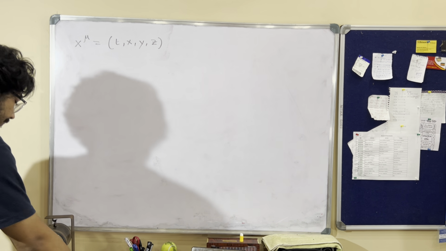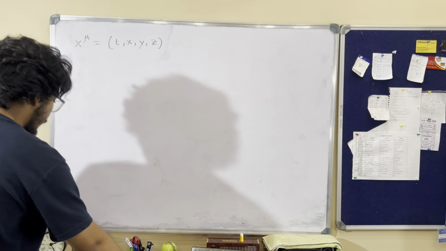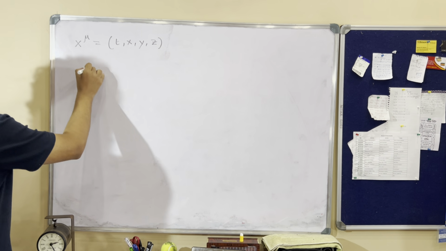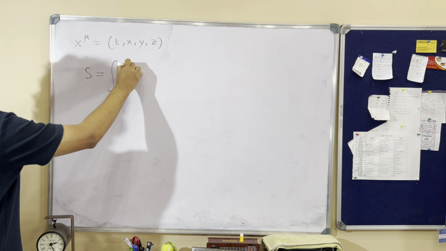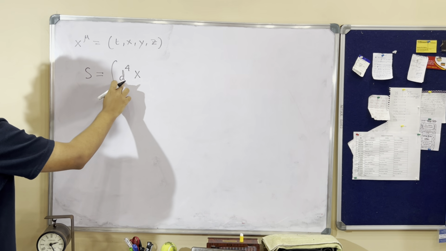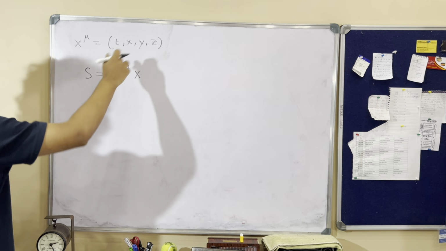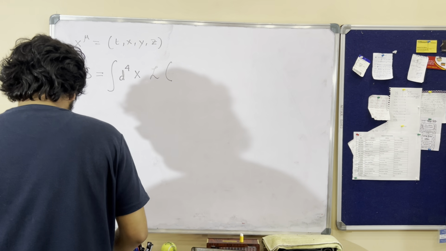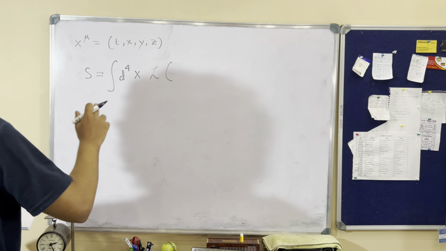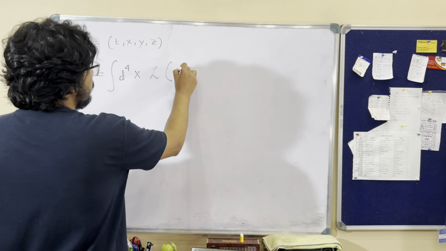So our action will now, that integral will be over d4x, because there are 4 dimensions here, and the Lagrangian density will be a function of some amplitude.